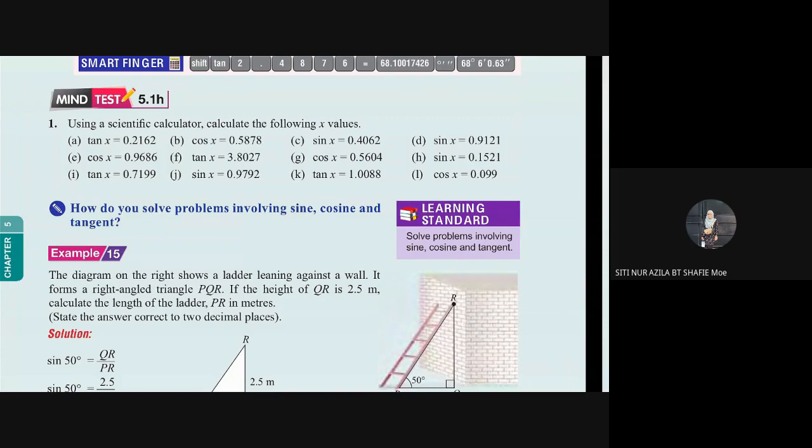Although I know you're not sitting for PT3 this year, it's fine to try answering past year questions. So we are going to discuss a few past year questions in the next lesson. Today, just use your calculator, try to find each of these values, and then check your answer from your textbook. That's your only work for today.